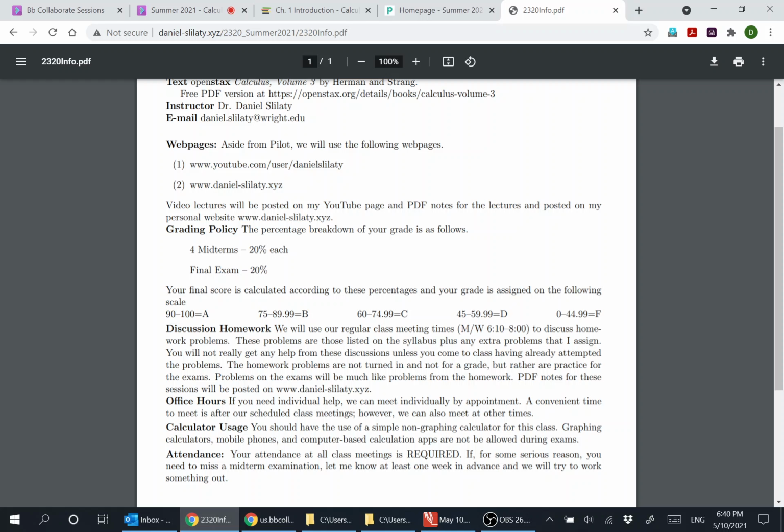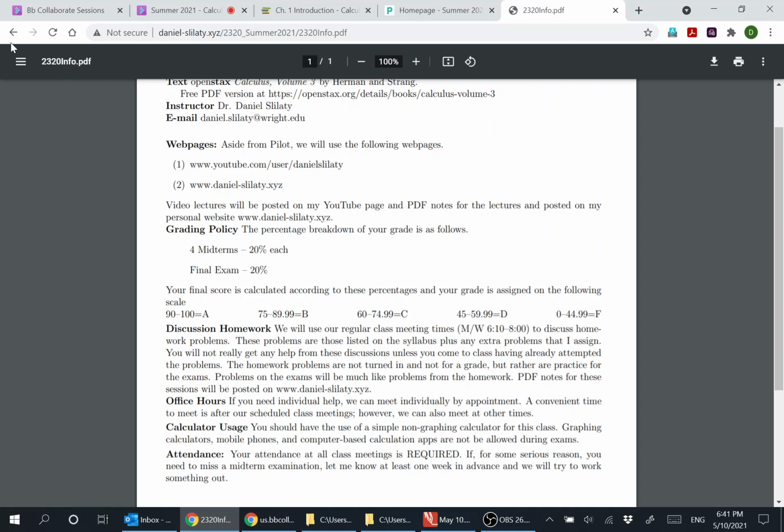The final score is the average of those items plugged into this grading scale here. 90 is an A, 75 is a B, 60 is a C, 45 is a D, and less than 45 is an F. So a real simple grading scheme. And the final exam is comprehensive.